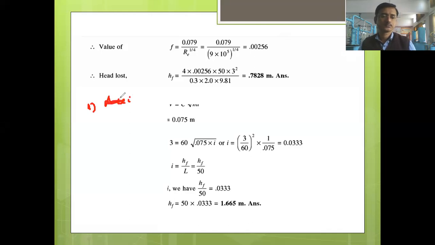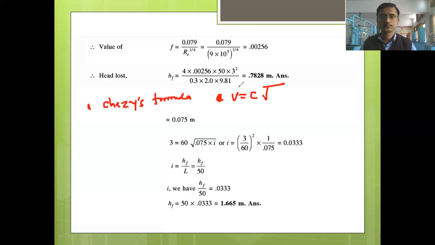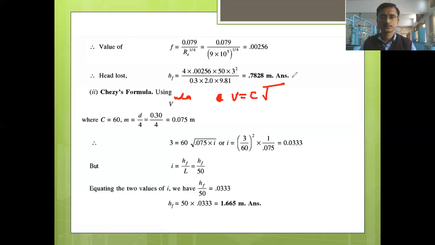Chezy's formula. V is equal to, yes, who will tell what is formula? V is equal to C under root of RS, or C into under root of MI.